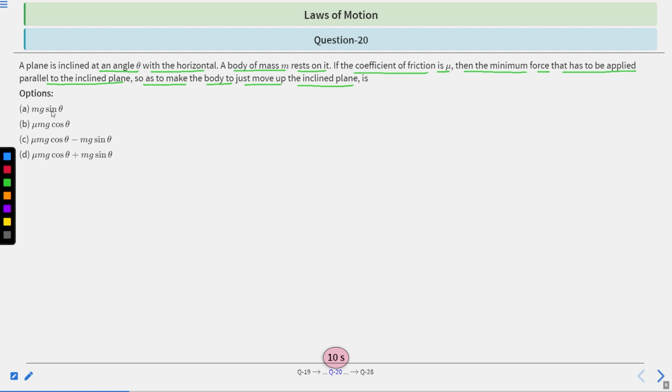Option A is mg sin theta. Option B is mu mg cos theta. Option C, mu mg cos theta minus mg sin theta. And option D, mu mg cos theta plus mg sin theta. Which one is correct? You have 10 seconds to solve this question. After that we will provide the solution.